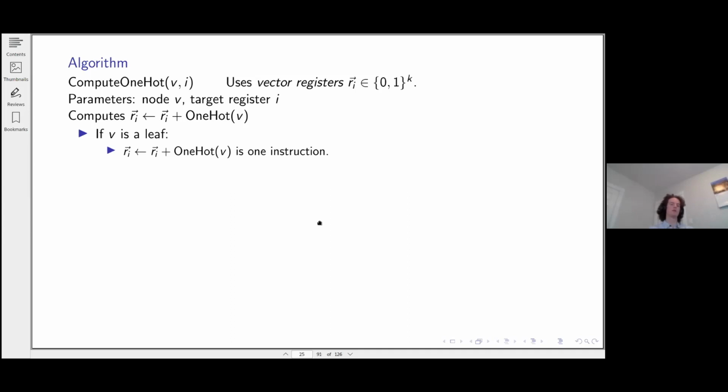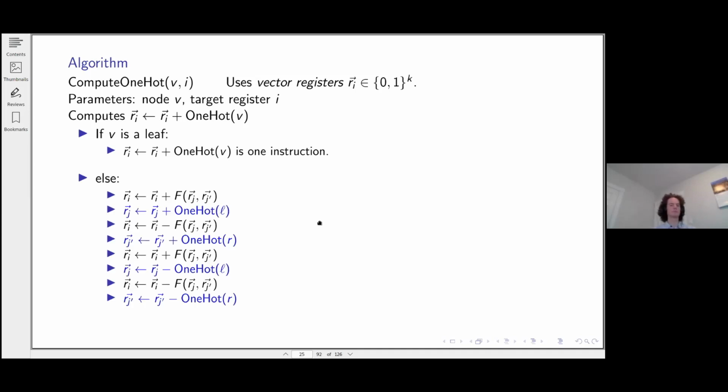First of all, if v is a leaf node, then all of the information we need to perform this operation is available in one single piece of the input. That means this whole thing can actually just be implemented in one instruction, just like in the previous algorithm. Otherwise, for an internal node, we're going to implement our multiplication algorithm.